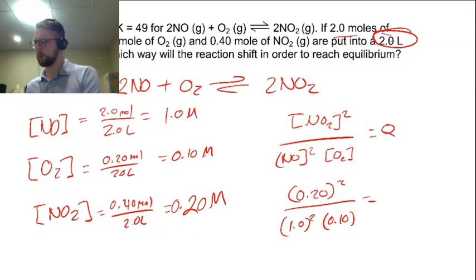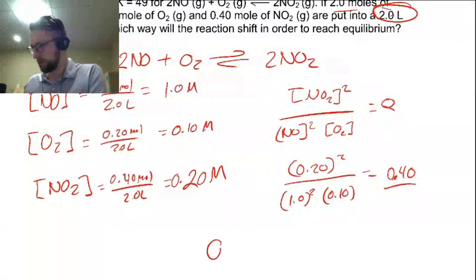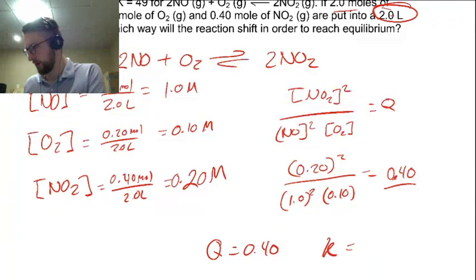So 0.2 to the power of 2 divided by 1 squared times 0.1. Okay, so I got 0.40 is equal to Q. So if we compare that to our K, Q equals 0.40, K equals 49.